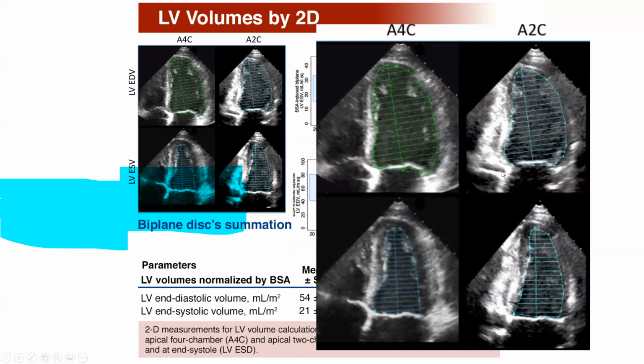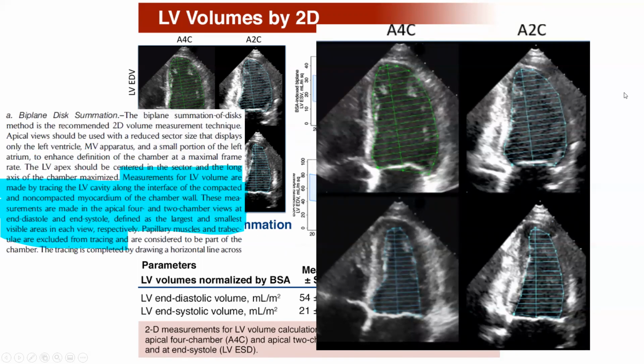So again, I can't overemphasize the fact that you are trying to draw your contour between the compacted and non-compacted myocardium with Simpson's. And this is illustrated here, and I'll just read this word for word out of the chamber documentation guidelines.